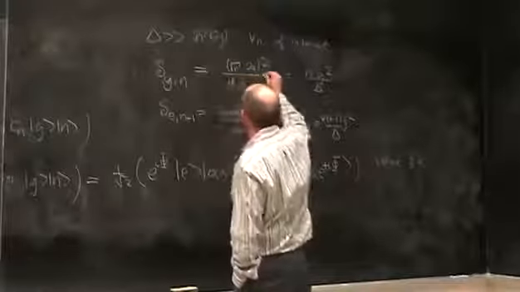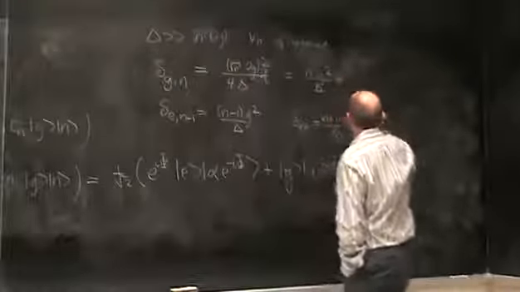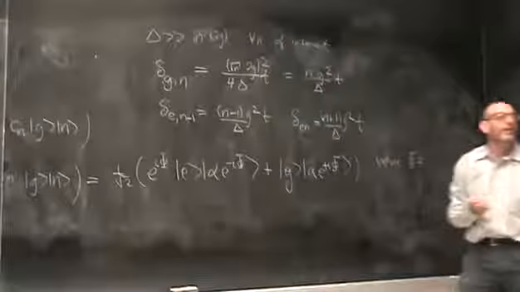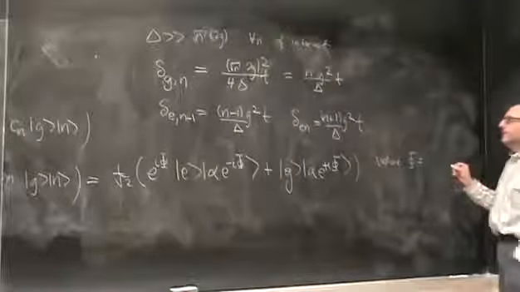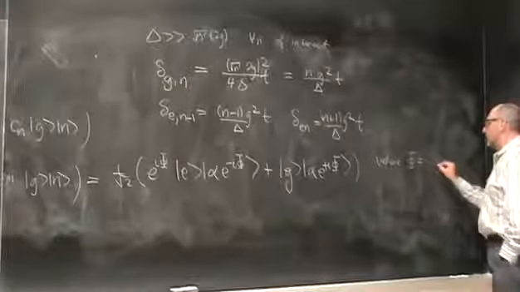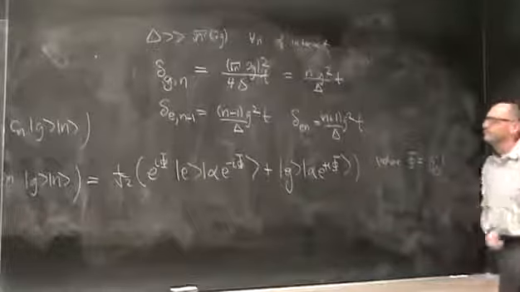The phase shift is this times time, of course. Energy times the time in units of h bar is the phase shift, which is g squared over delta times time.